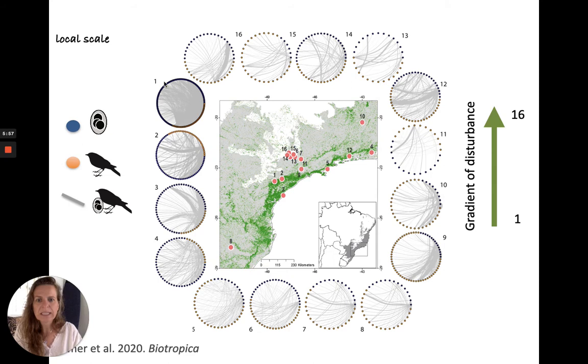You can clearly see, even if you don't understand anything about networks or seed dispersal, that there are changes as we move along the gradient of disturbance.